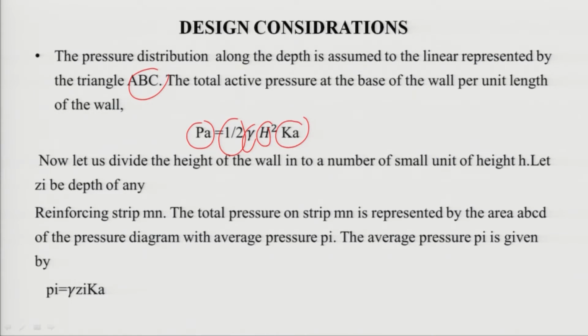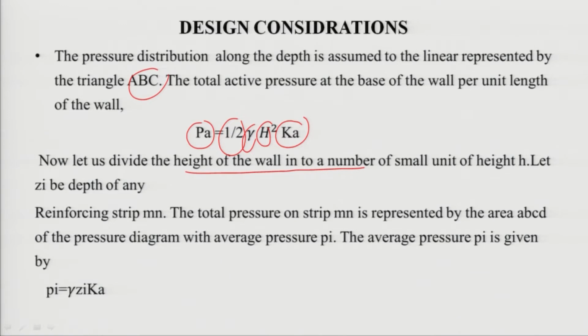So, this is the P_A, that is equal to 1 by 2 gamma h square K_A. Now, let us divide the height of wall into a number of small units of height h. Let Z_i be the depth of any reinforcing strip MN.